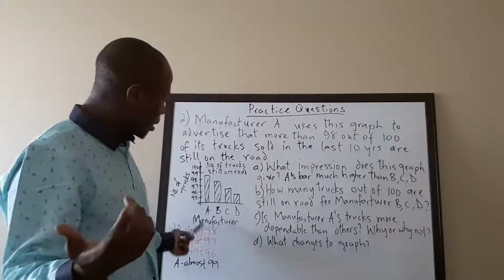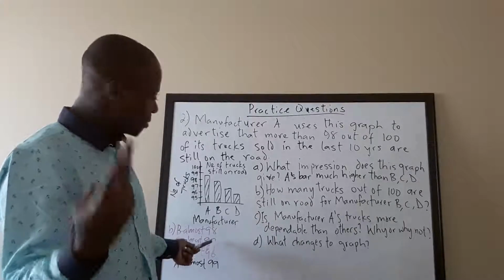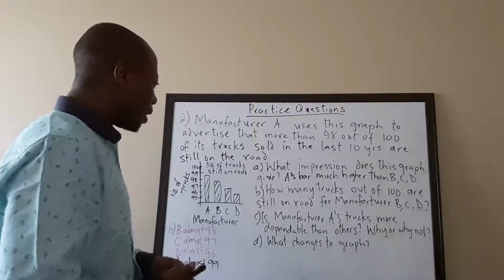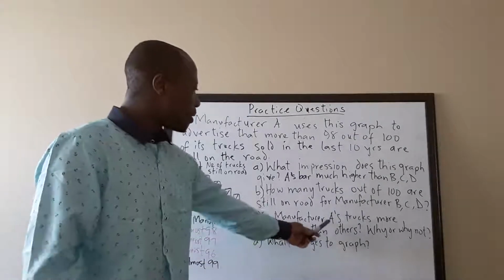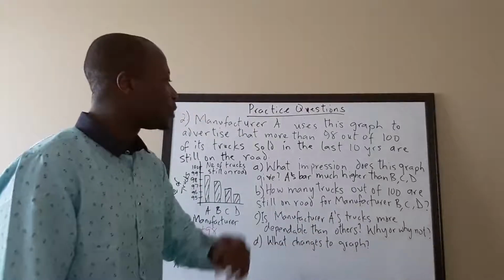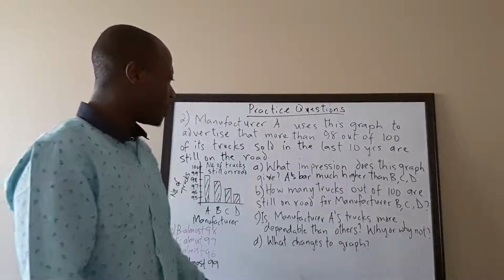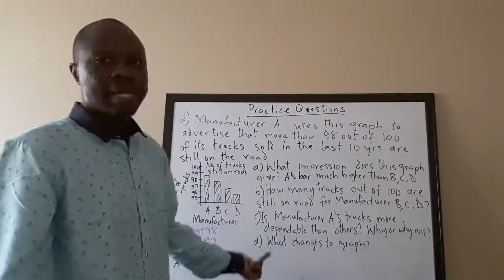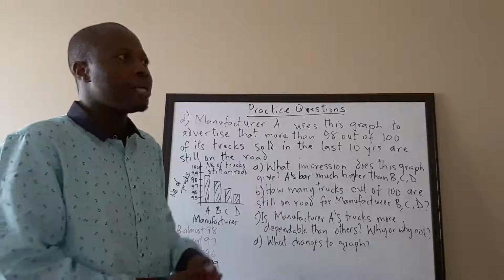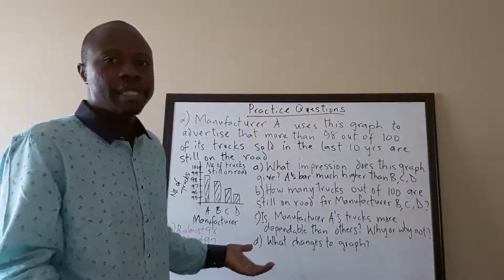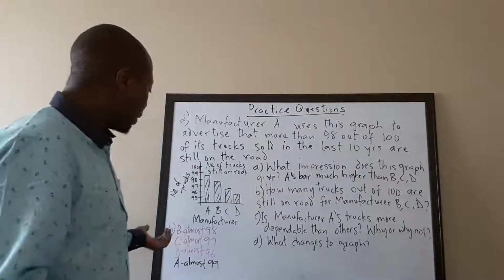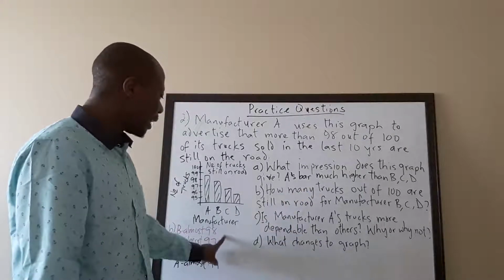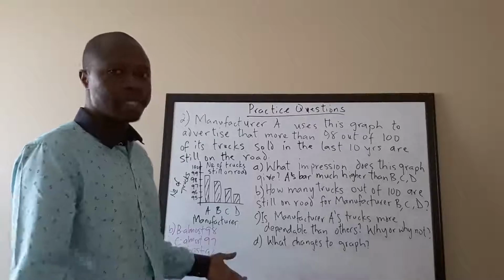Just one. 99 and 97, just two. 99 and 96, just three. So manufacturer A's trucks are not much more dependable than B, C, and D. Why? Because there's not a huge gap between 99 and 98 or 97 or 96.